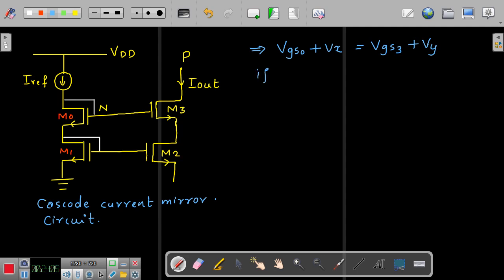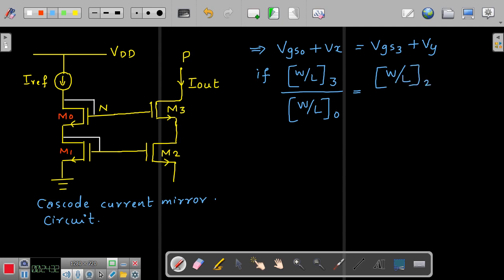So if I choose the MOS devices in such a way that the ratio of width to length of the third transistor to the ratio of width to length of the zeroth transistor is equal to the ratio of the second transistor to the first device, then I can have VGS3 equal to VGS0.